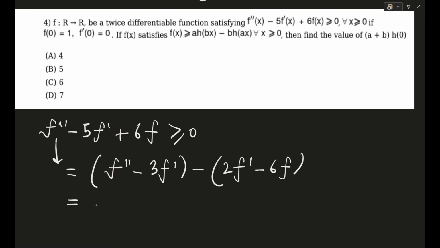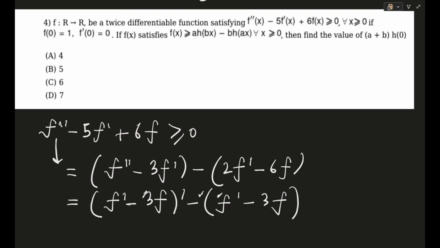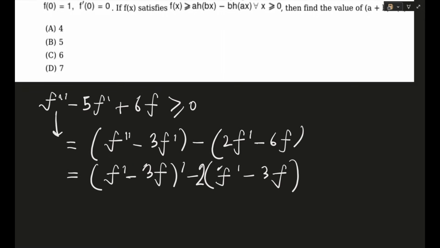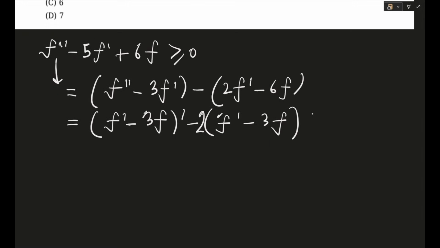So we can rewrite this thing as (f dash minus 3f) whole dash minus 2 times (f dash minus 3f). So basically, this inequality now becomes greater than equal to 0, right?